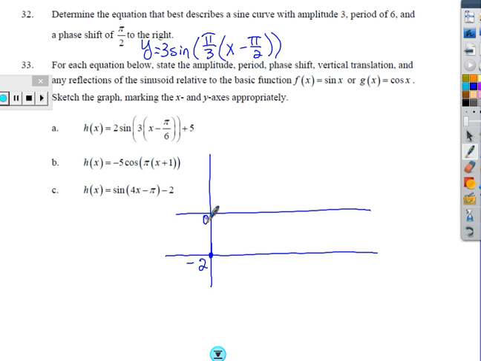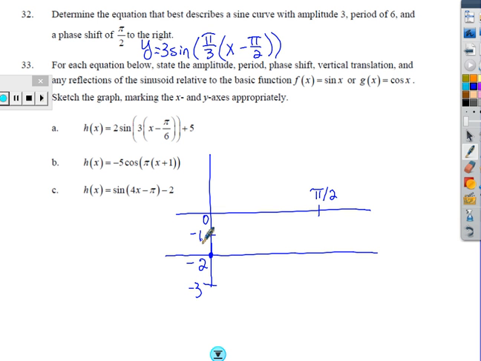I'll be at negative 2. And now based on my period being just pi over 2, I would expect that by the time I get to pi over 2, I've completed a full cycle of this. Now, the lowest that this should get based on the amplitude would be negative 3, negative 1.